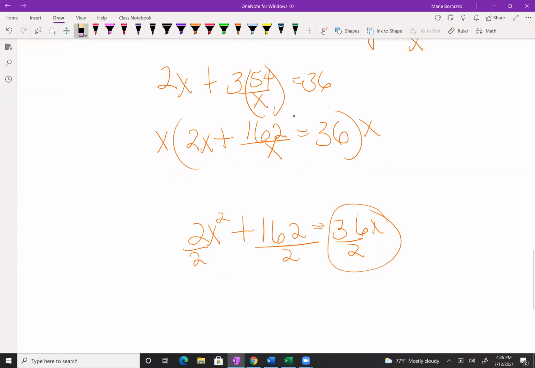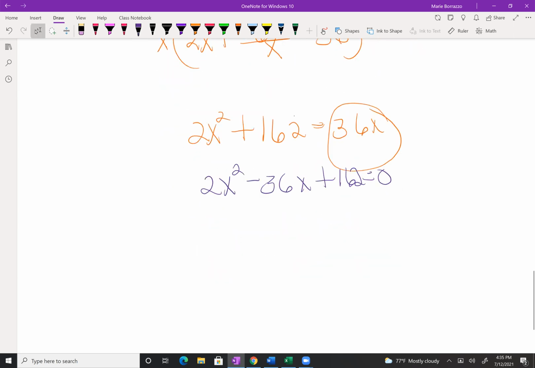Keep jumping ahead of myself. Okay. So we're not going to divide by 2 just yet. We're going to subtract that 36X. So we have 2X squared minus 36X plus 162 equal to 0. So yes, now we were going to divide by 2. I got ahead of myself.